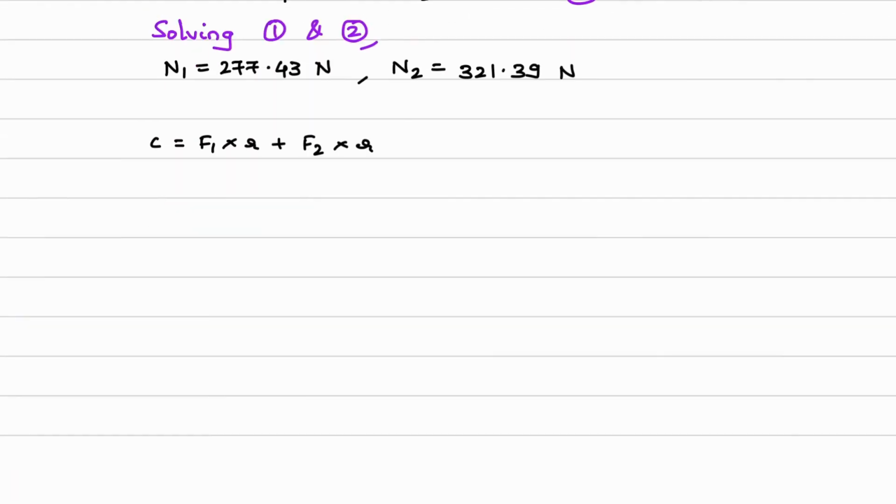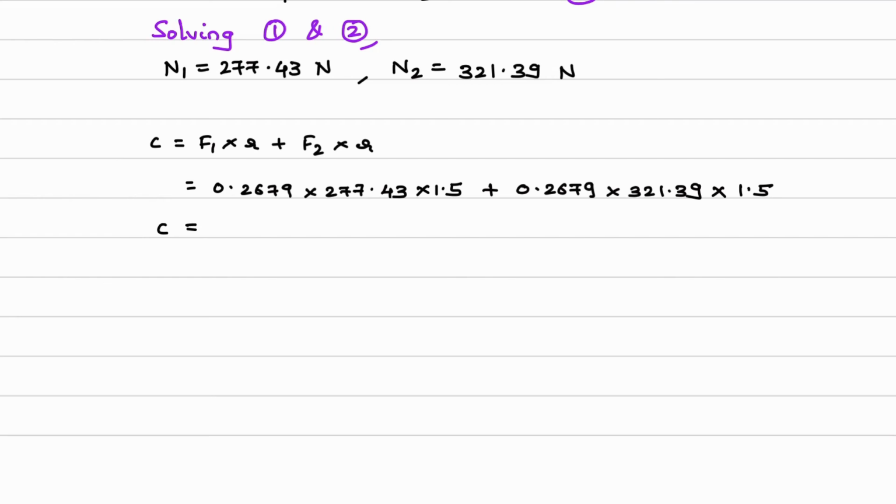So I'll write down F1 is 0.2679 into N1. N1 is 277.43 into R is 1.5 plus F2 0.2679 into N2. N2 is 321.39 multiplied by R 1.5. So from here I can calculate couple, which is equal to 240.63 Newton meter.